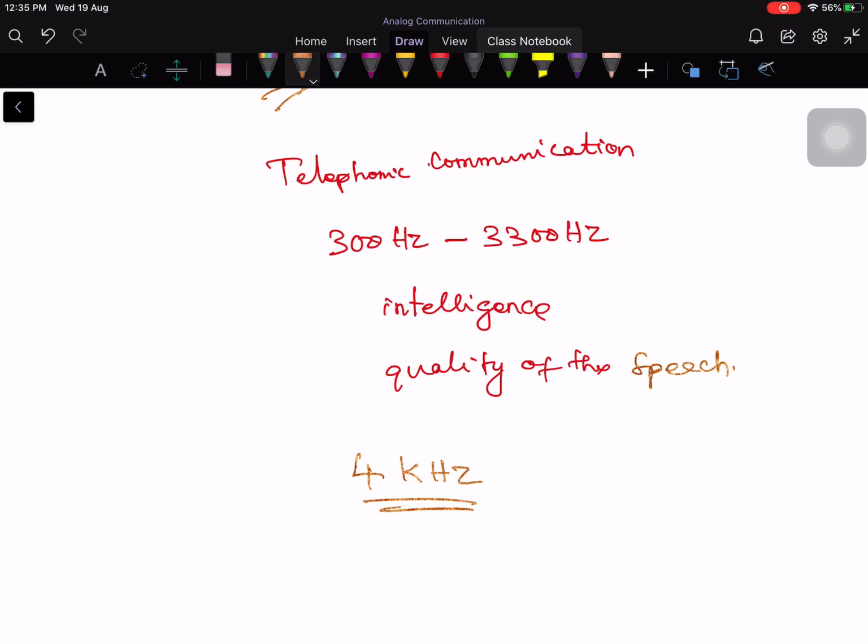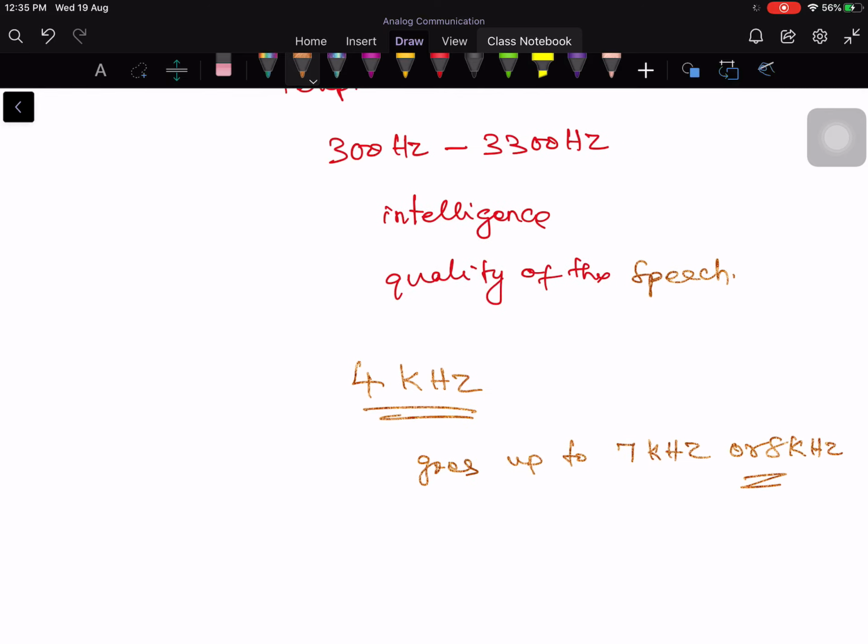But I must mention that this is not the actual bandwidth of a speech signal. The actual energy plot extends beyond 4 kHz, and goes up to 7 or 8 kHz. But we don't bother, because it is found to be adequate if I consider up to 4 kHz.